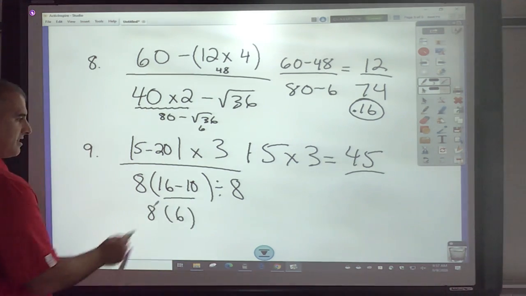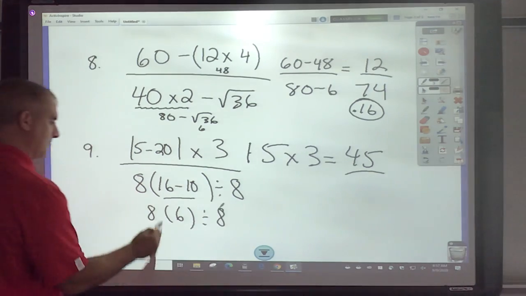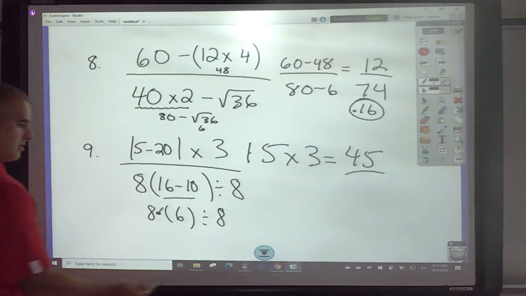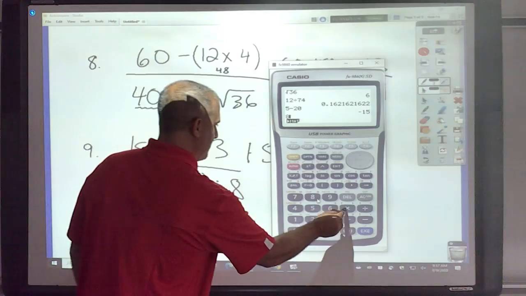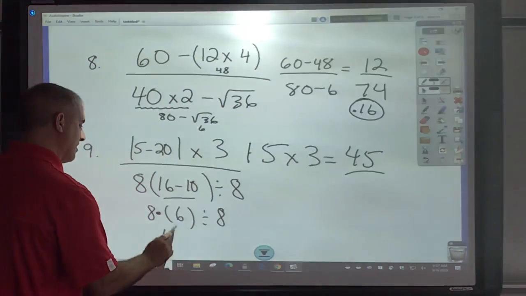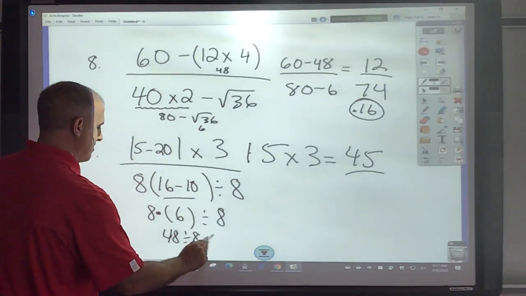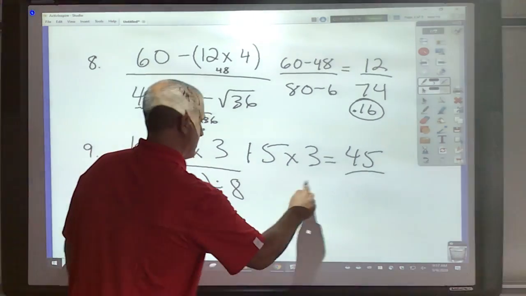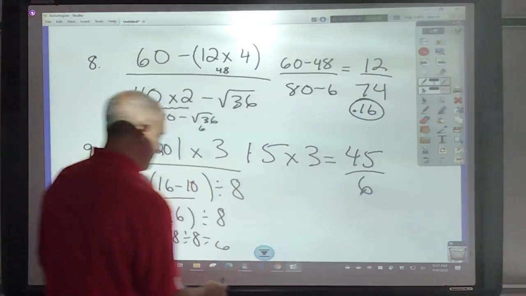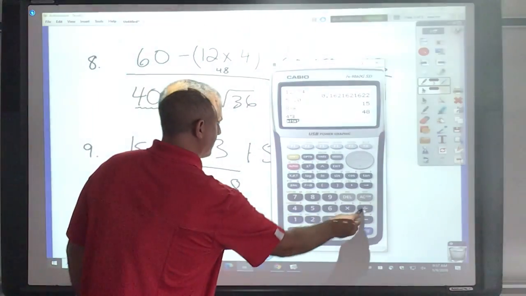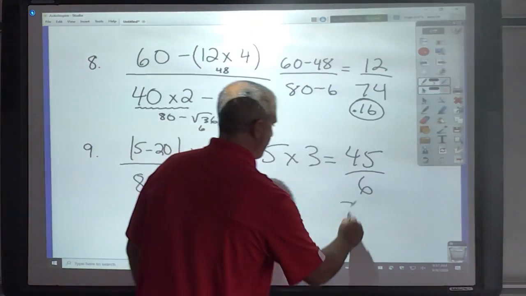Now, what is this? This means multiplication. So what I would want to do is 8 times 6, which is 48, divided by 8 would give me 6. So that would be 6 on the bottom. 45 divided by 6 gives me 7.5.